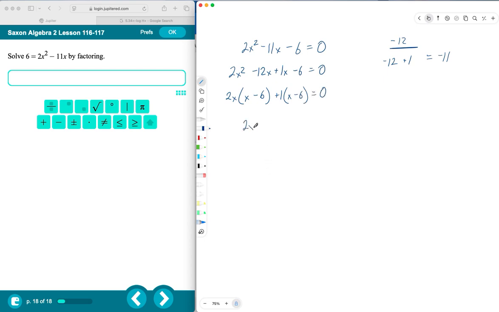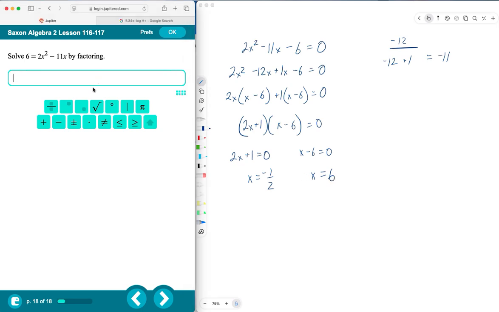So 2x plus 1 times x minus 6. 2x plus 1 equals 0. Subtract 1 from both sides, and then divide both sides by 2. x is equal to negative 1 over 2. And then if I add 6 to both sides here, x is equal to positive 6. So x is equal to negative 1 over 2 and 6.